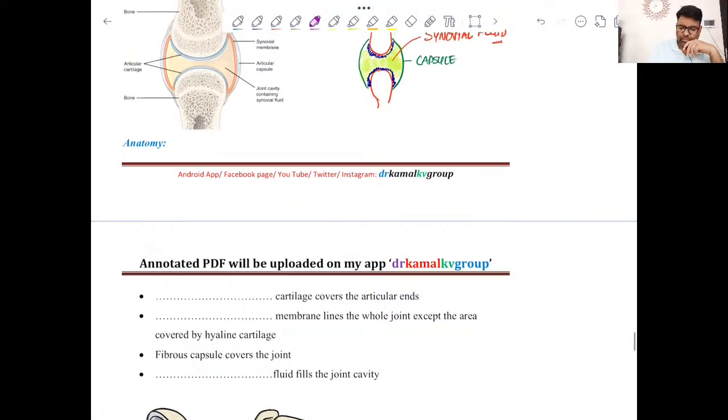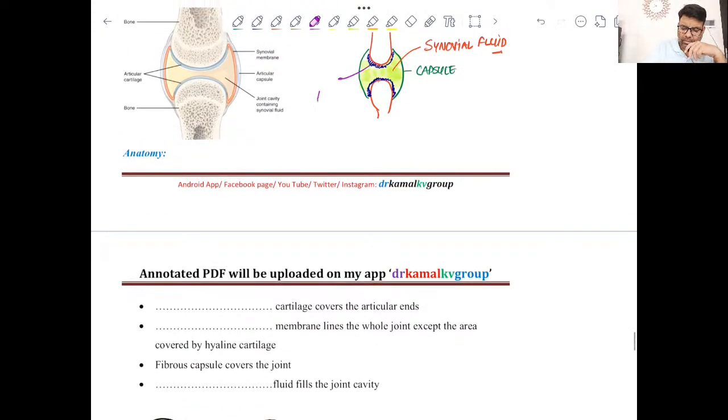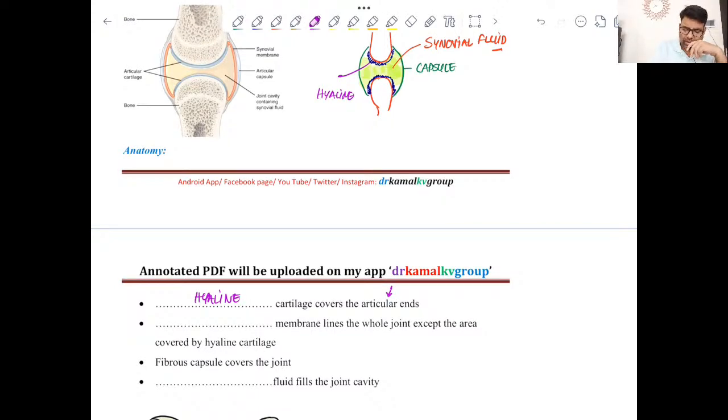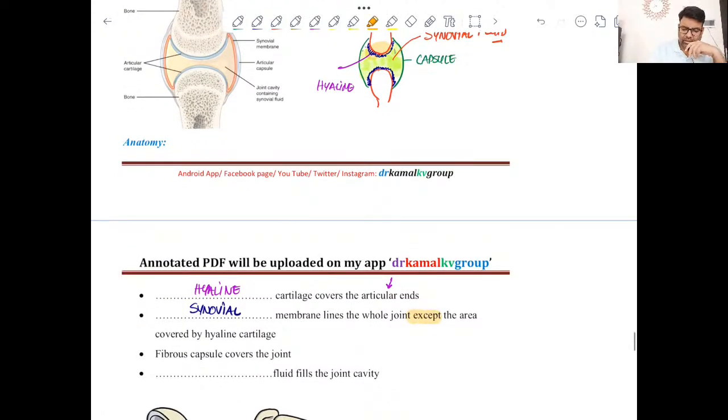Okay, so this we already discussed, that hyaline cartilage, or what you call articular cartilage, covers the articular ends, and there is a synovial membrane, right? This lines the entire joint except the areas of the attachment of the cartilage, and this secretes the synovial fluid.